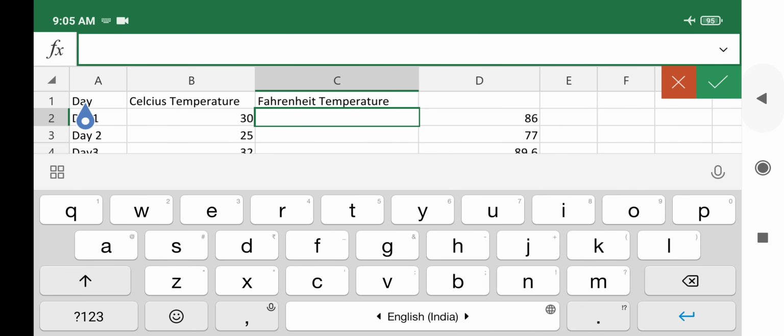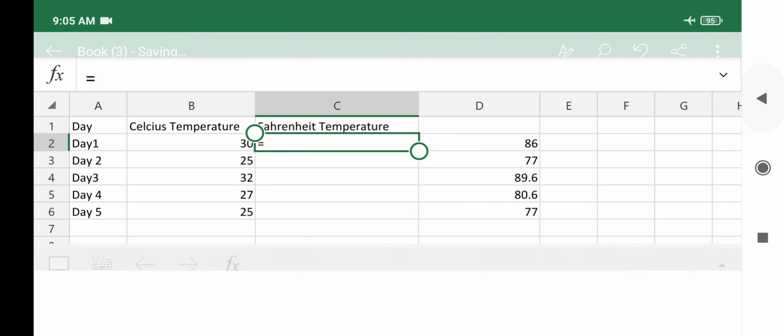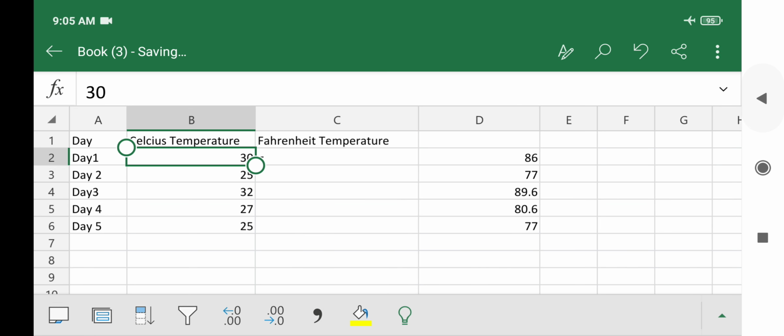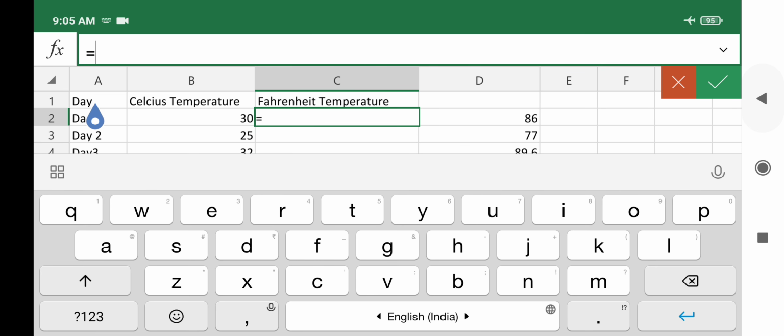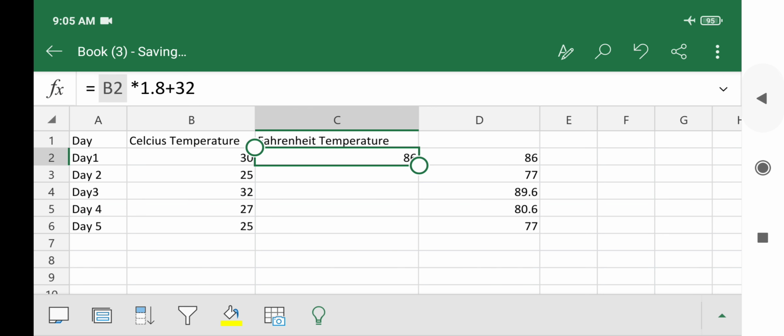The problem was arranged, that's why it showed a null value of 0. Then select this one, multiplication 1.8, plus 32. Now it is coming 86.